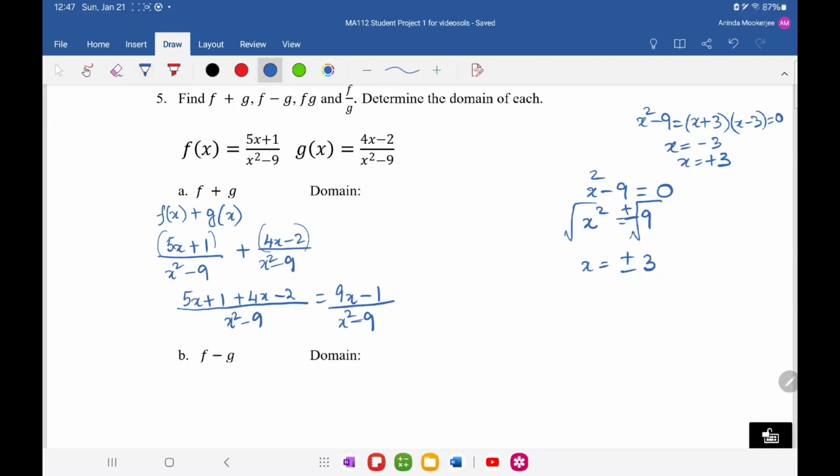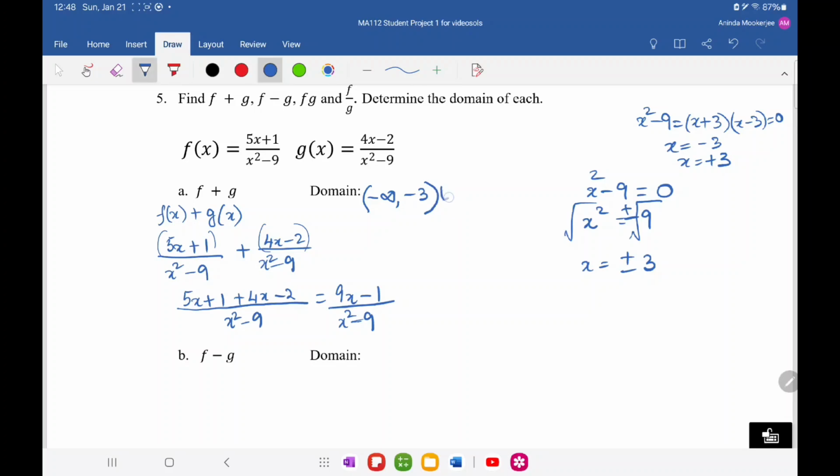The way it goes is x can take any value from negative infinity to positive infinity except negative 3 and positive 3. So at negative 3, we have to put a break, and then we go along, and at positive 3, again, there will be a break in the domain, and then it will continue. So the way you write it is: start from negative infinity, go all the way to negative 3 and put a round bracket because negative 3 is not included in the domain.